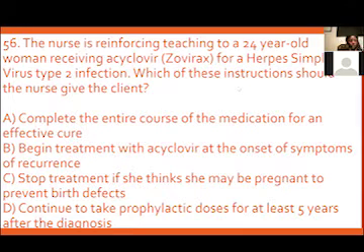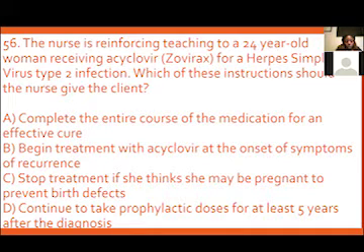So let's look at this one. The nurse is reinforcing teaching to a 24-year-old woman receiving acyclovir for a herpes simplex virus type 2 infection. Which of these instructions should the nurse give the client?